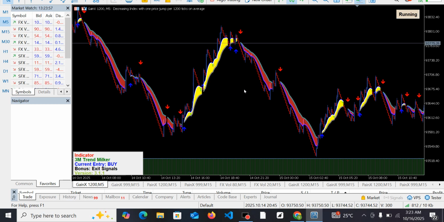Either you're trading gold, GBP USD, or whatever assets you are trading, you will definitely make a lot with this particular strategy. It is a trend trading strategy, and I'm using this indicator to explain. I've already explained the downtrend signal, the uptrend signal, and what you should do when the market is on uptrend, most especially coming from a support region, and what you should do when the market is on downtrend, most especially coming from a resistance zone.